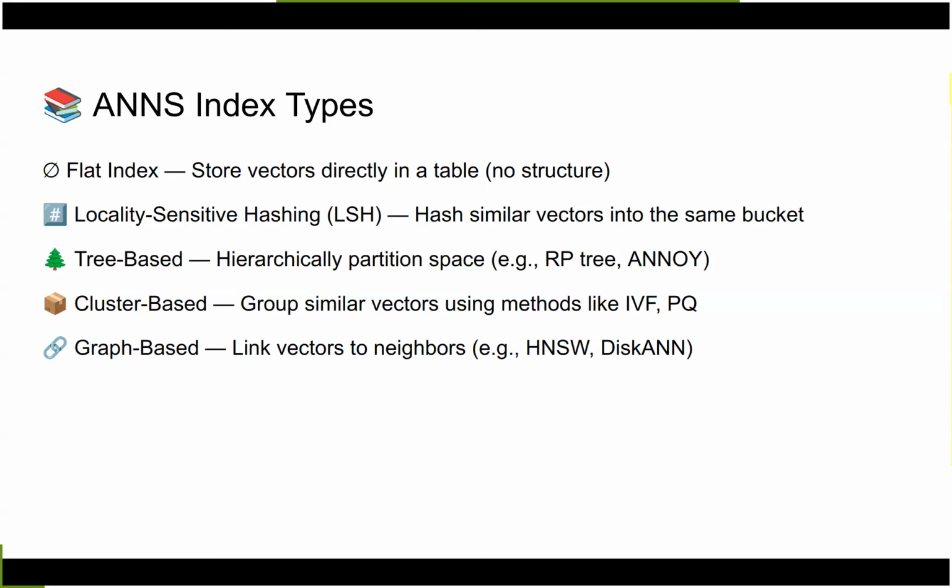The other index is locality sensitive hashing, or LSH. It's a very interesting approach. I will talk about it later. But basically, the intuition is we hash similar vectors into the same buckets.